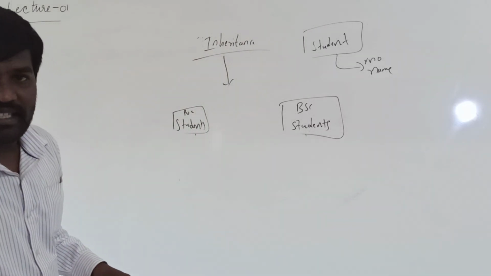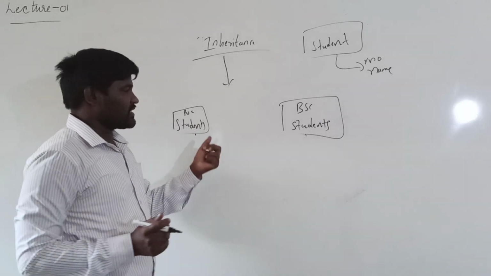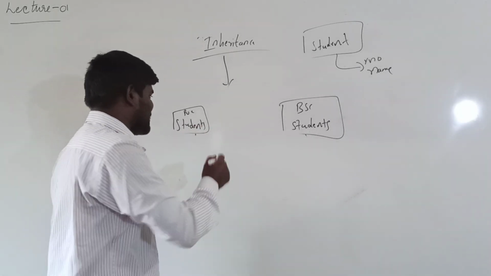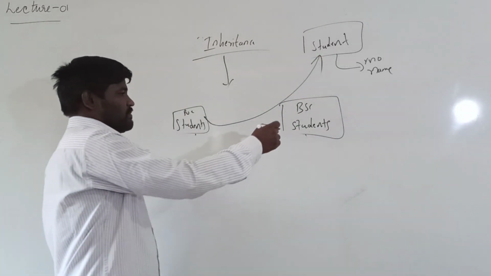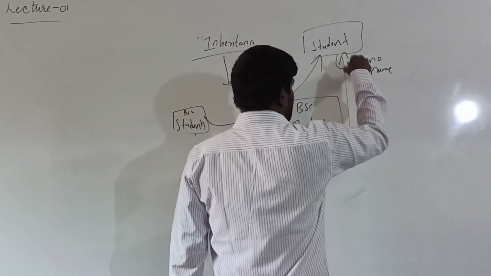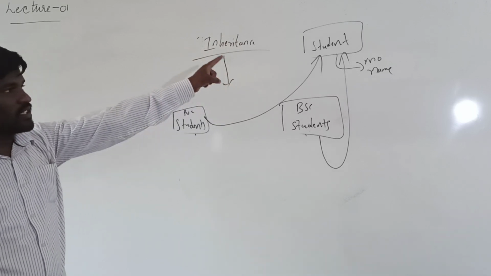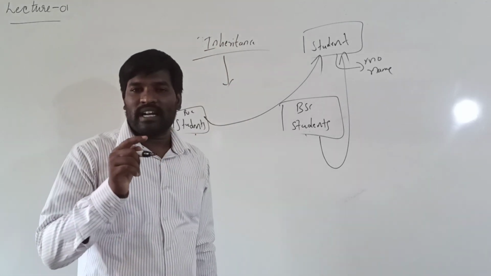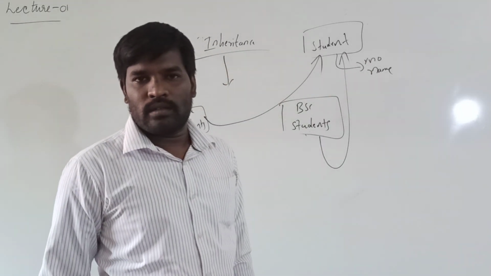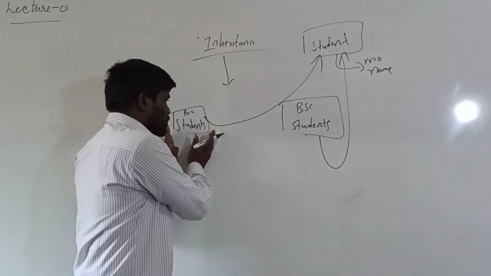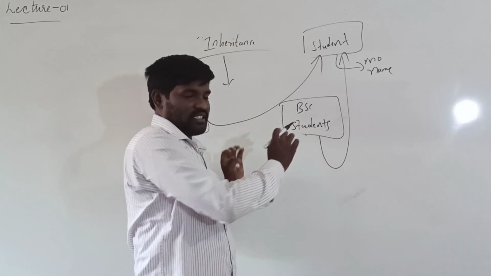At the time of defining the PUC student class, I can access it from the student class. In the same way, BSc students from student. So in the student class, one time I declare roll number and name. In the PUC student, roll number and name can be used, and in the same way in the BSc student class.